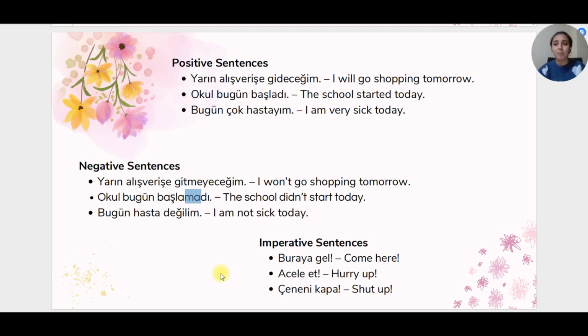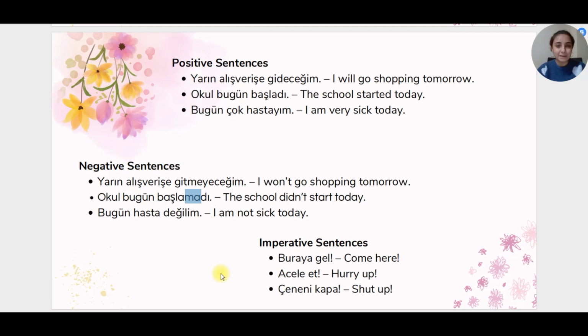And why we have me, why we have ma as a negative suffix? The answer is the vowel harmony. And you will see we have at least 2 types of suffix to add. And you can see some 4 types of suffixes as well. For same function, just for different vowel harmony rule.